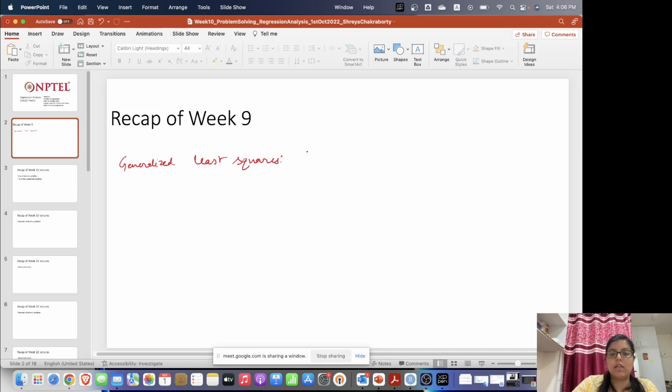This method is applicable when you have a model like this, and variance of epsilon equal to sigma square V, where V is not necessarily an identity matrix.